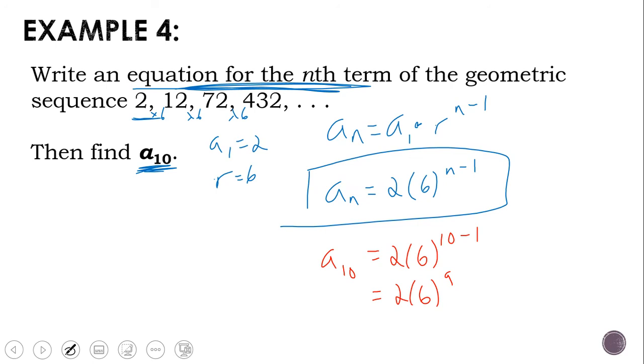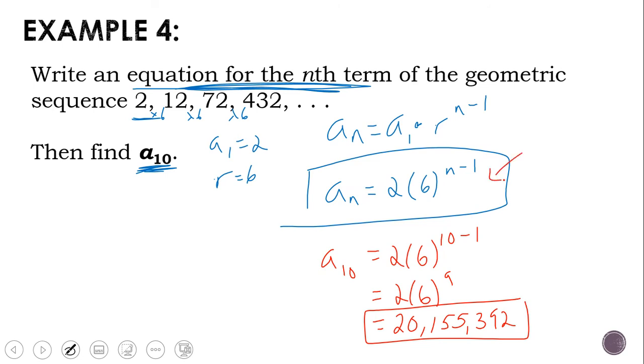Make sure that you're doing 6 to the 9th power first, and then you're multiplying by 2. This is not 12 to the 9th power. Plug this in your calculator, and the 10th term here is 20,155,392. So again, two parts here, finding the general form of the equation for the geometric sequence, and then finding the 10th term by plugging 10 in for n.